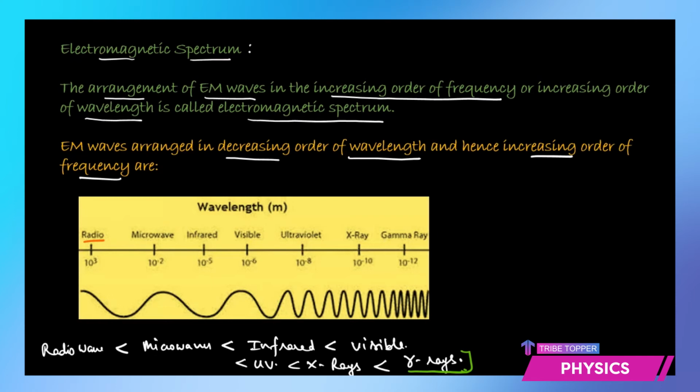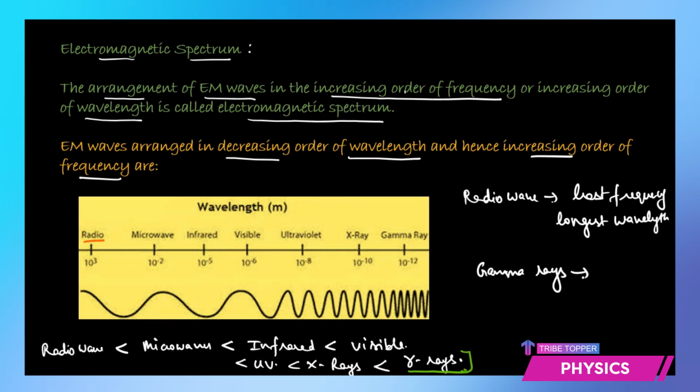So radio waves have the least frequency and longest wavelength, and gamma rays have the highest frequency and shortest wavelength.